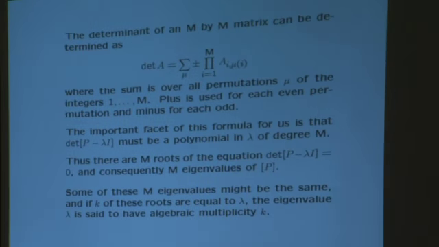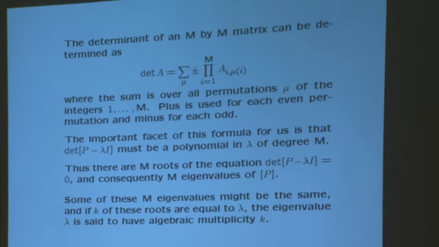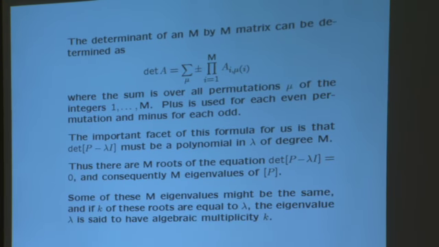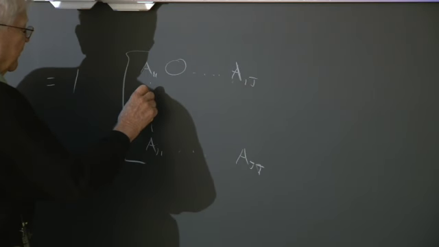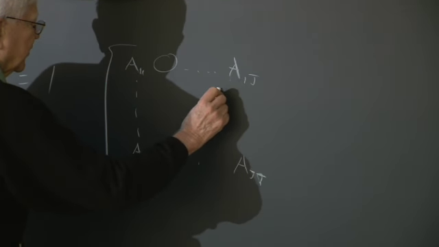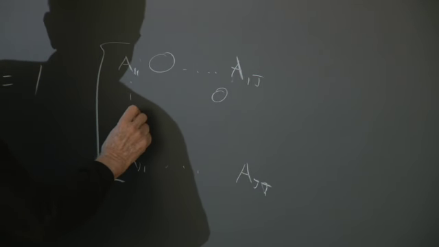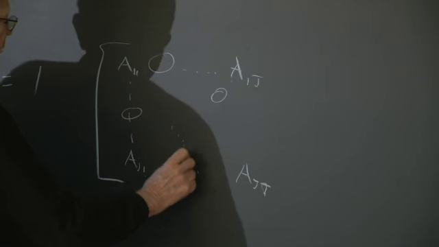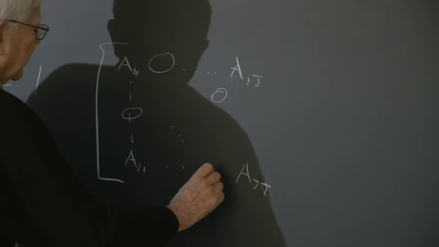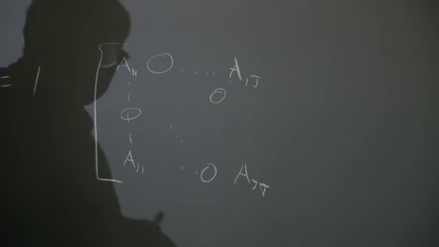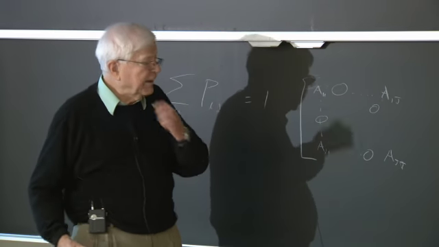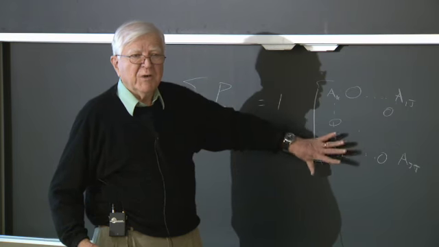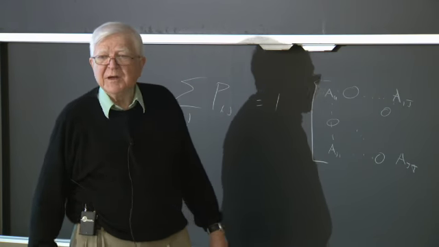For this row we might look at this element, for this row this element, and so forth down until finally we're looking at some element down here. We've picked out every column and every row, but we only have one element in each row and one element in each column.